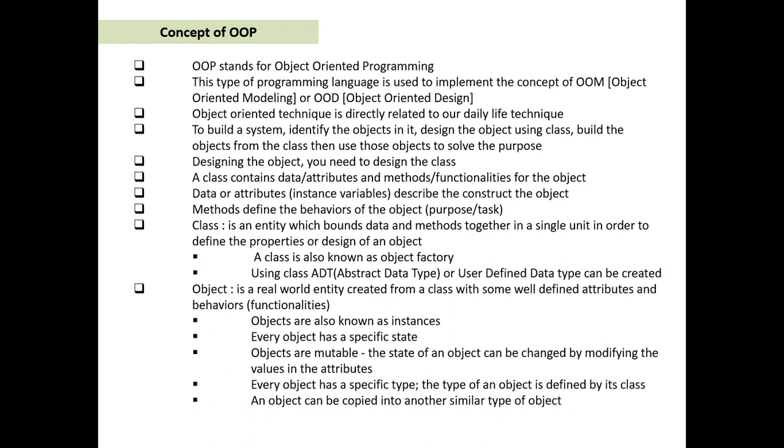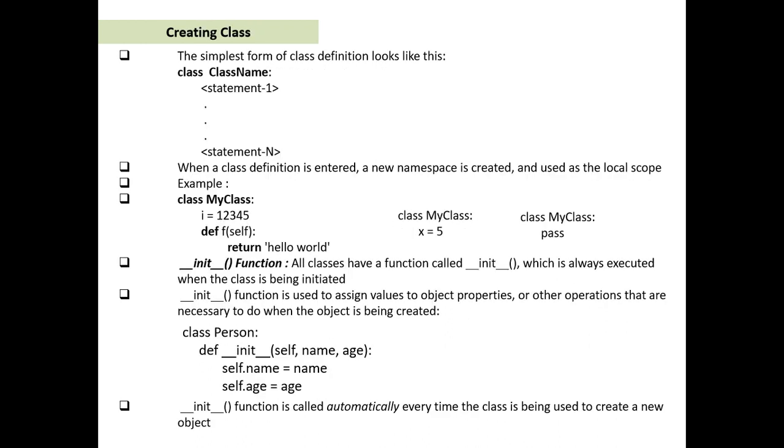So object oriented programming will also give you that kind of arrangement of code. Okay, read these points later, and you will get some more idea about object oriented programming. Okay, we are going to the next slide.